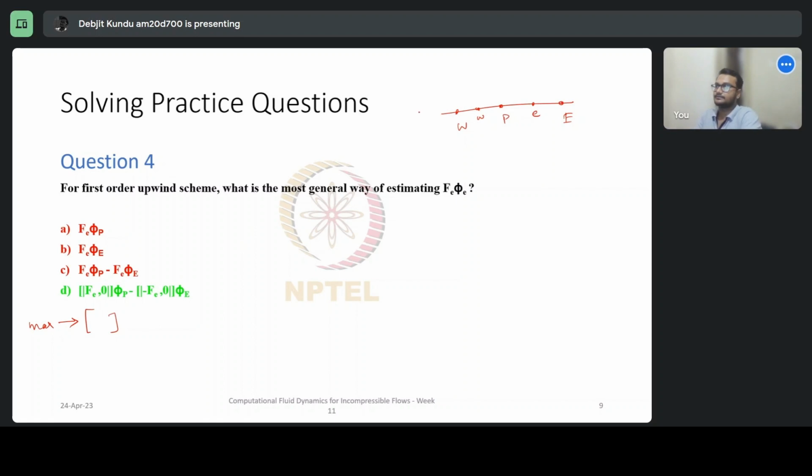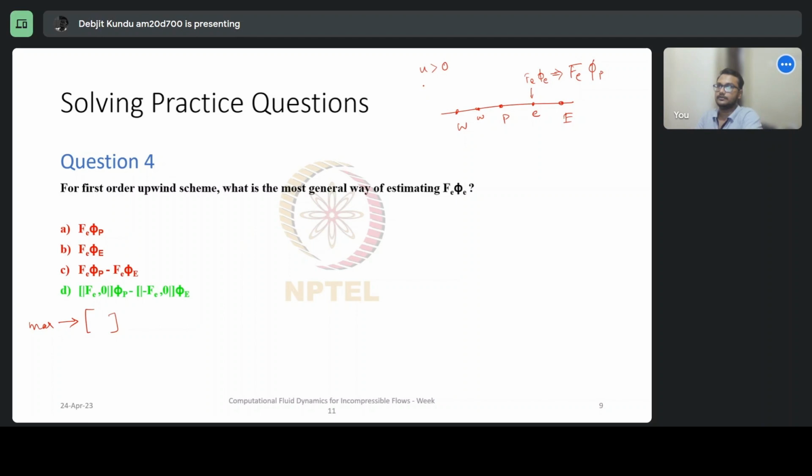So for the first order upwind scheme, when u is greater than 0, this term over here, Fe phi E, is determined as Fe into phi P. That is one point upwind to it.